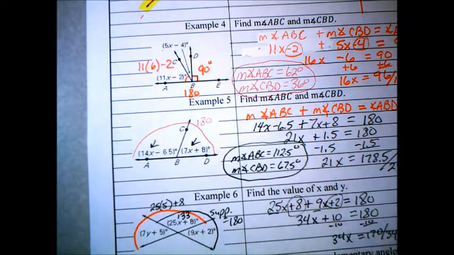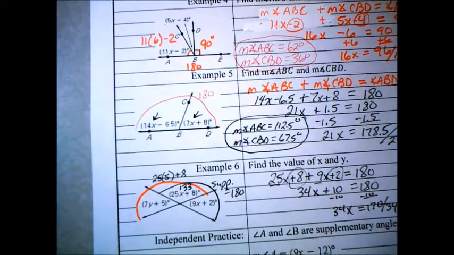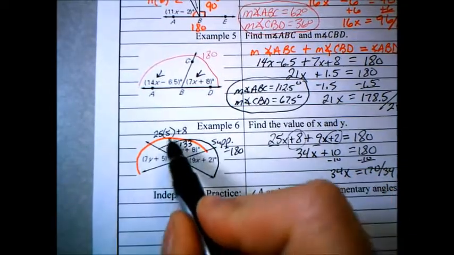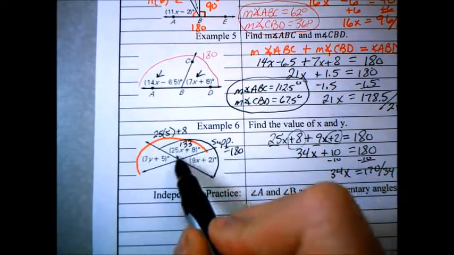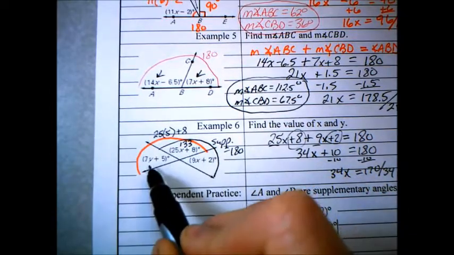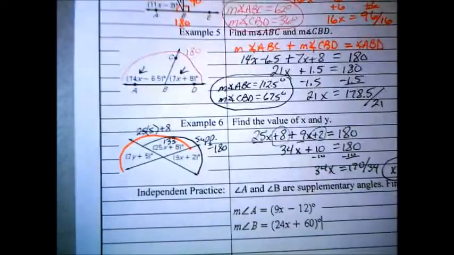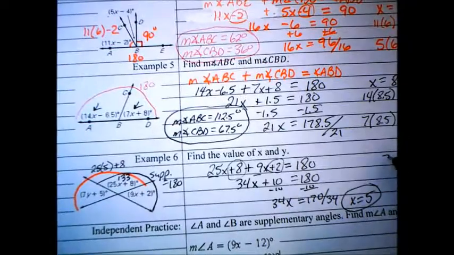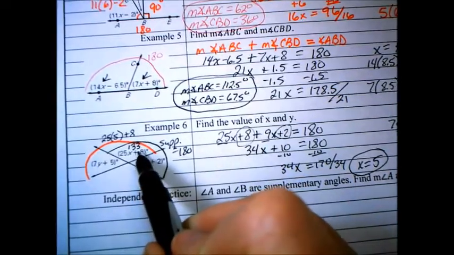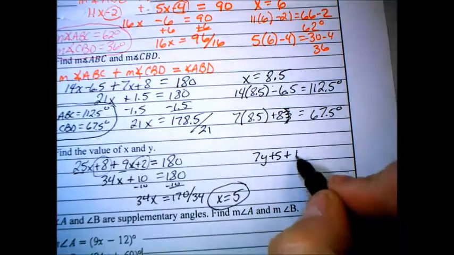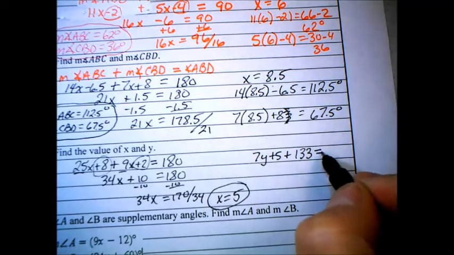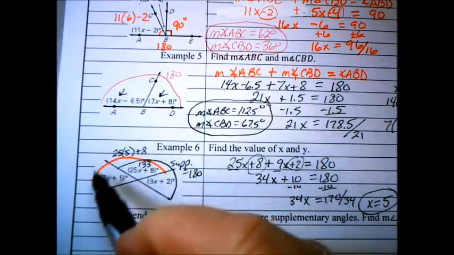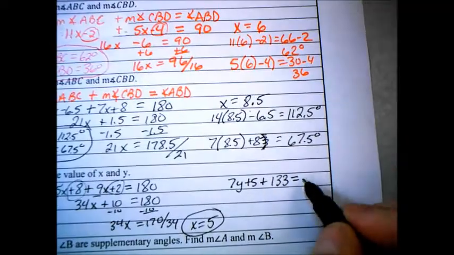So for this angle, here's another set of supplementary angles. I know the right side is 133, so I'm going to take the left side here and do, okay, I have 7y plus 5 plus the right side, that is 133, and I know it has to total, because they are supplementary, 180 degrees.